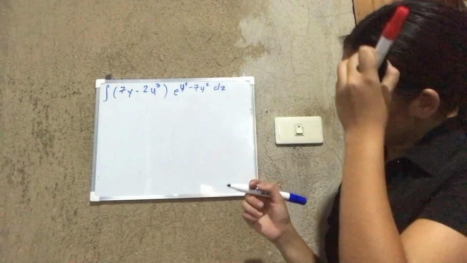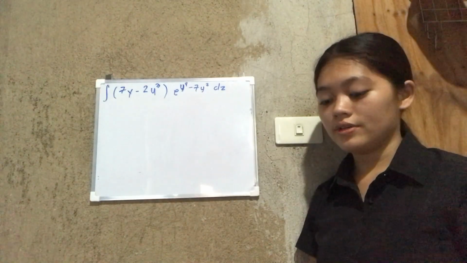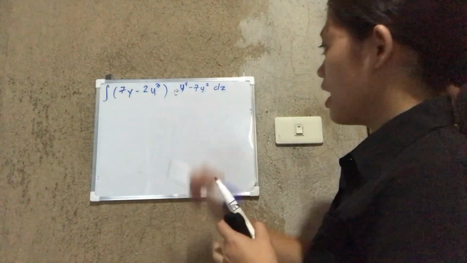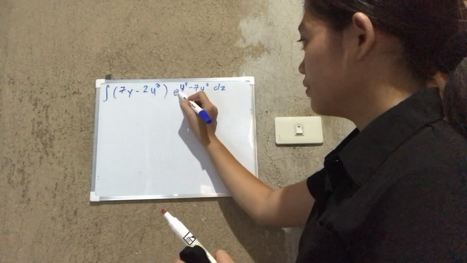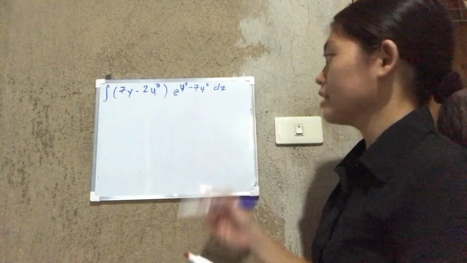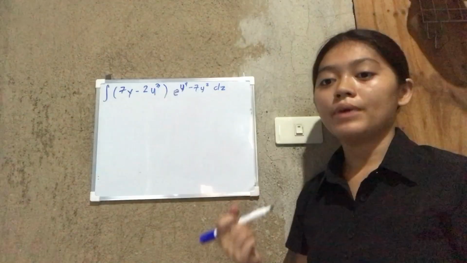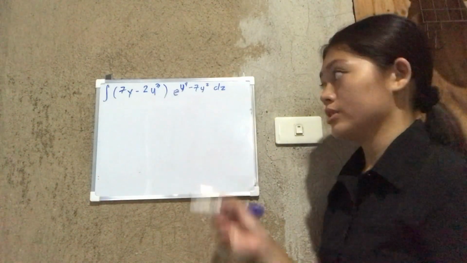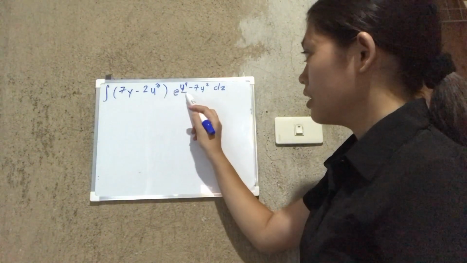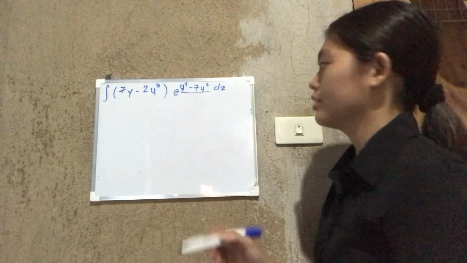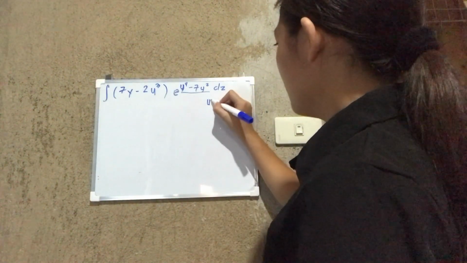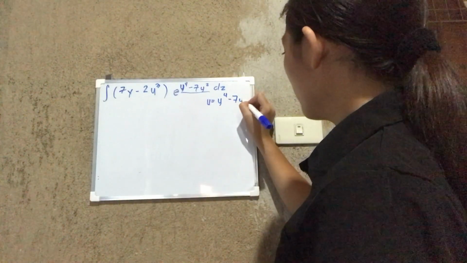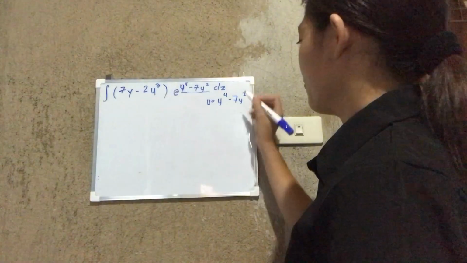Now, I'm looking for the inside function. As you can see, this e has an exponent that is a function, right? Which is y raised to 4 minus 7y squared, which will be our inside function. So let u be y raised to 4 minus 7y raised to 2.